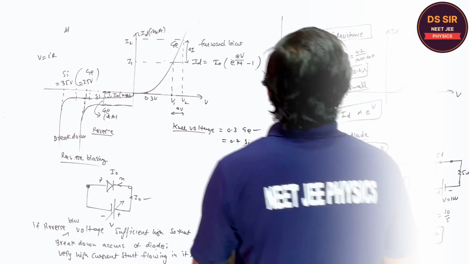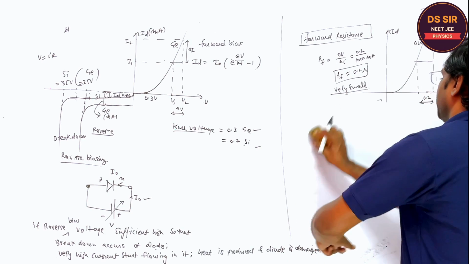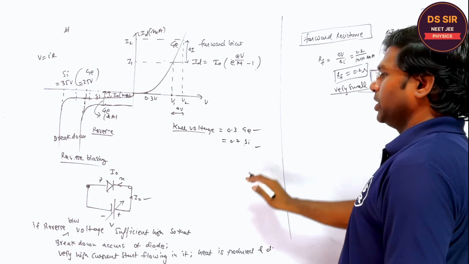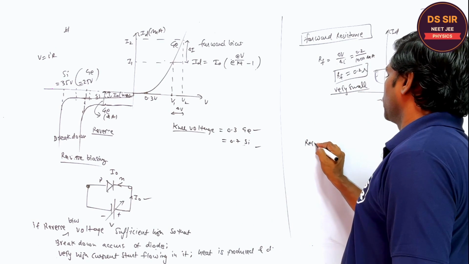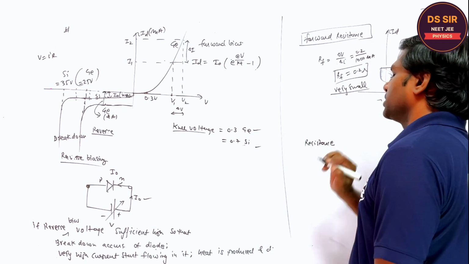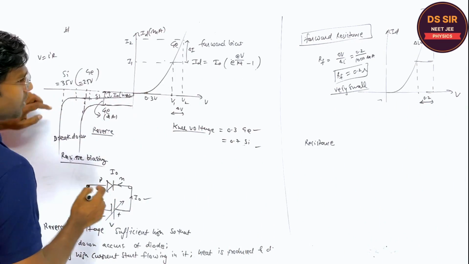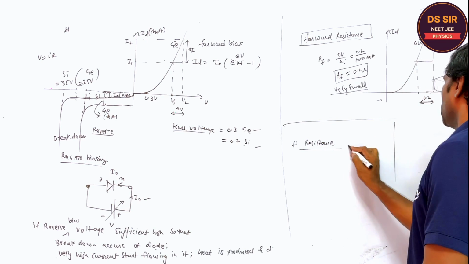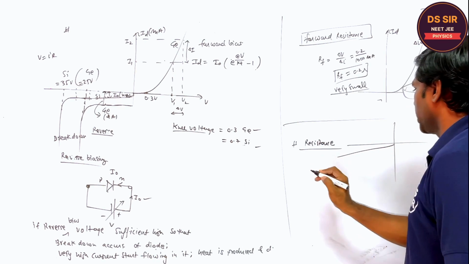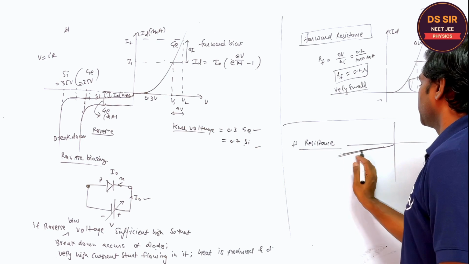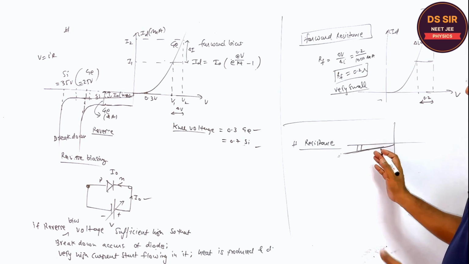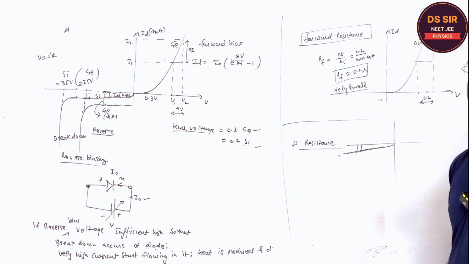Copy this. If we consider the resistance in the reverse bias, you may see the characteristics like this. The voltage is very high, but the current does not change, it is very small.